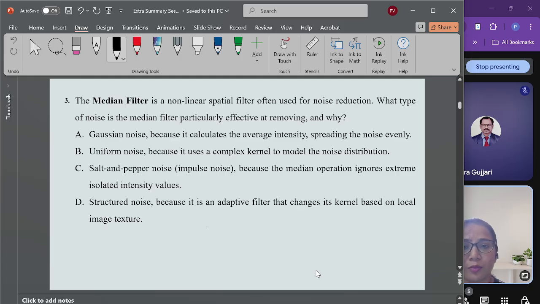Option B, uniform noise, because it uses a complex kernel to model the noise distribution. Option C, salt and pepper noise, also called impulse noise, because the median operation ignores extreme isolated intensity values. Or option D, structural noise, because it is an adaptive filter that changes its kernel based on local image texture.